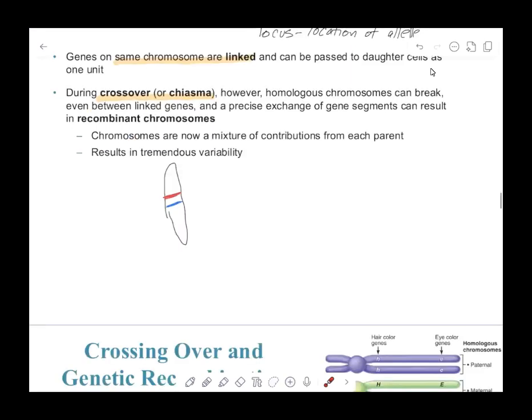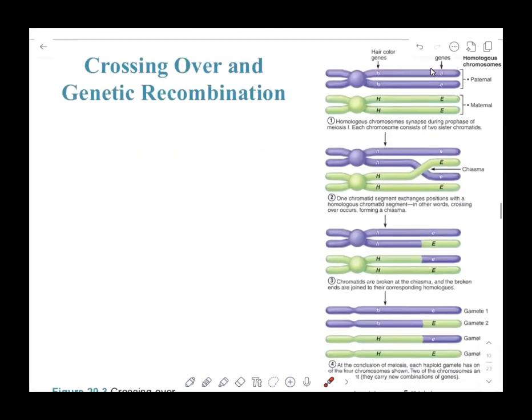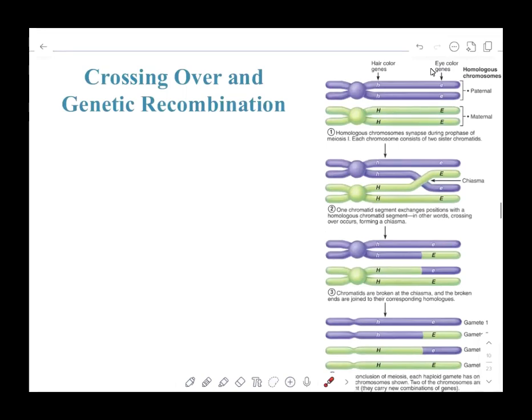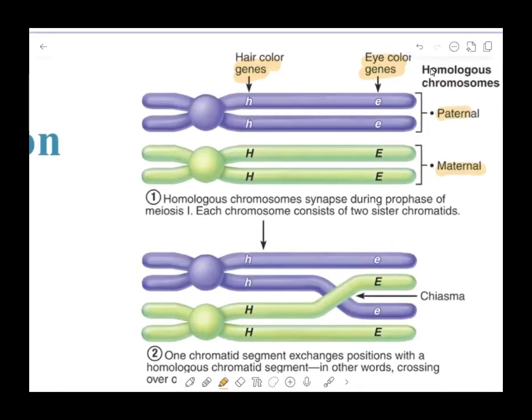So our next slide shows this crossing over process. In this case, we have genes for hair color, and we have a different gene for eye color. These are the homologous chromosomes, so these are the paternal chromosomes and the maternal chromosomes.